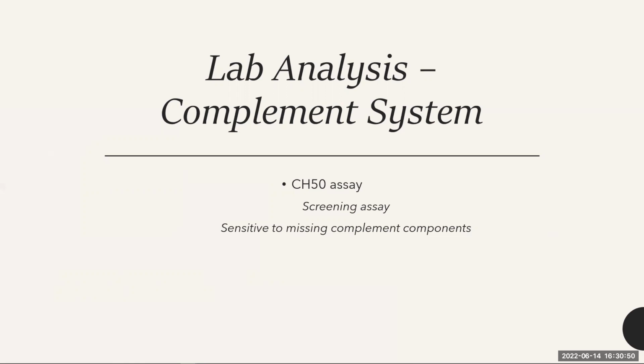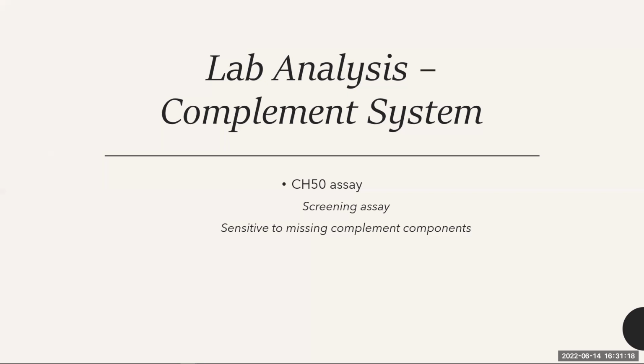Now, the CH50 tests the functional capability of the serum complement components of the classical pathway. And it does that by comparison of the ability of the serum to lyse sheep red blood cells, pre-coated with rabbit anti-sheep red blood cell antibody. Now, when the antibody-coated SRBC, or the sheep red blood cells, are incubated with test serum, the classical pathway of complement is activated, and usually hemolysis results.